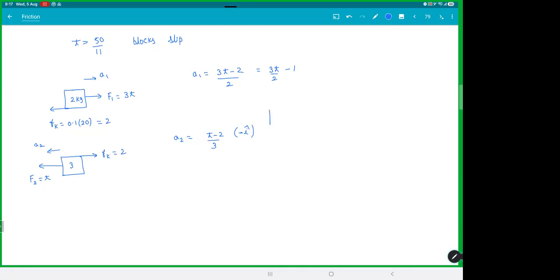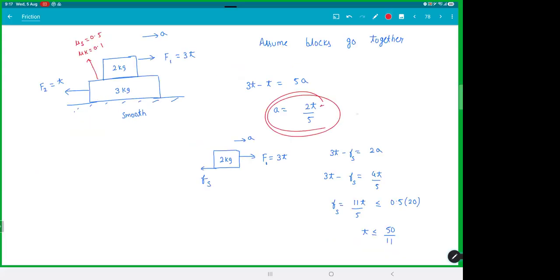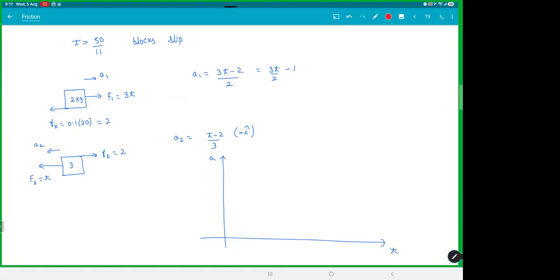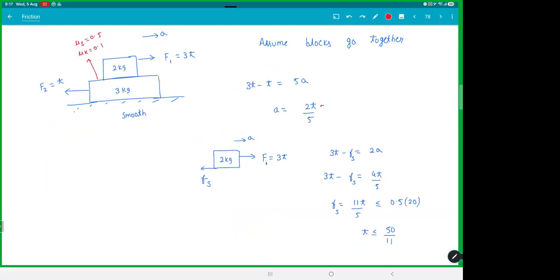So if you try to plot the graph, initially they will go together with this acceleration 2t by 5. And then look at A1, what happened. Suddenly, when you put 50 by 11 here, yeah, numbers are not really great.